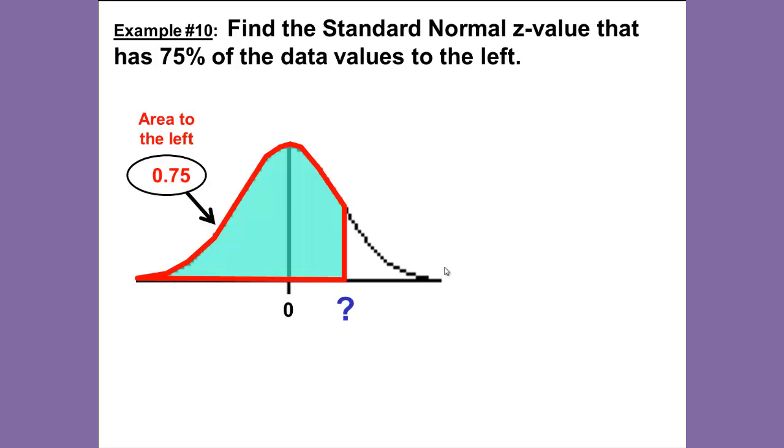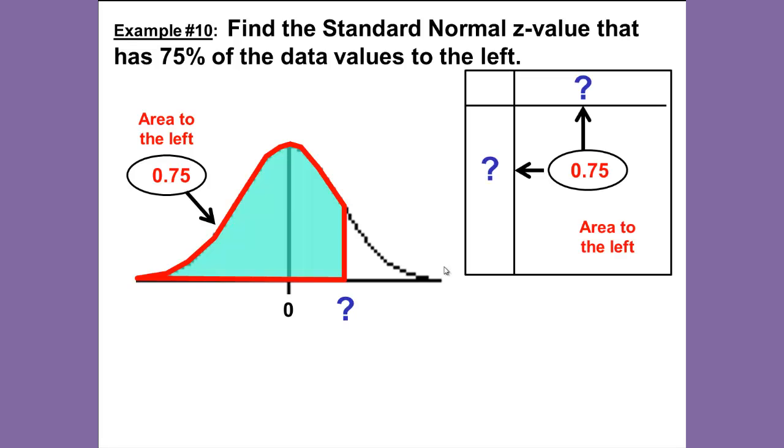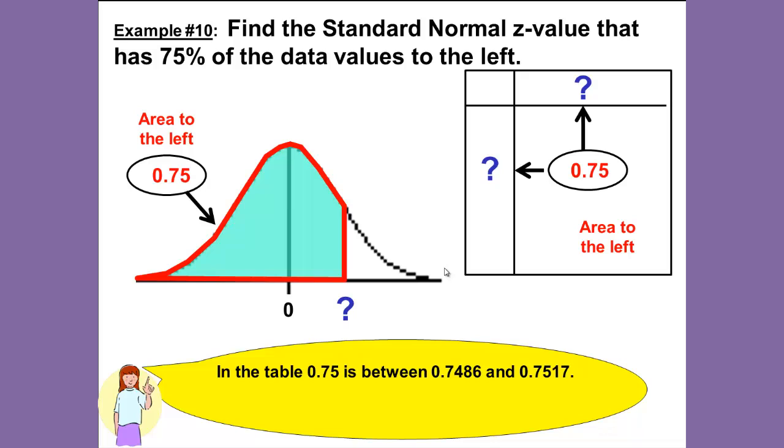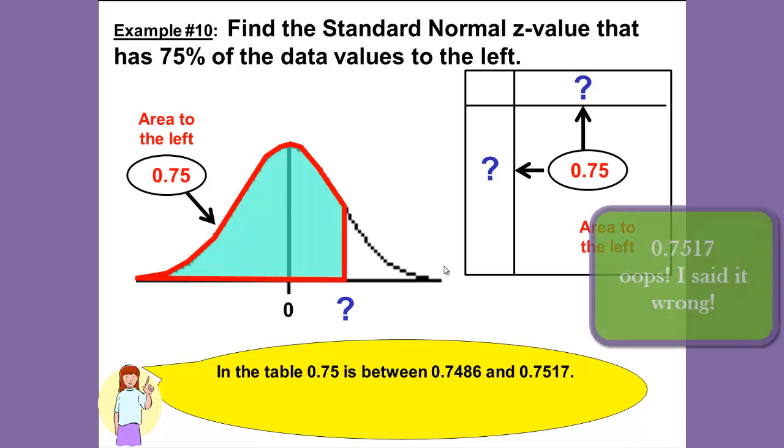We're looking for the z-table. We want to find 0.75 in the chart. In the table, 0.75 is not on the chart and would fall between two values, 0.7486 and 0.7517.